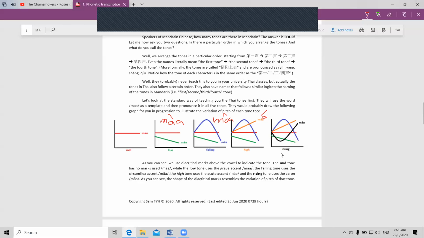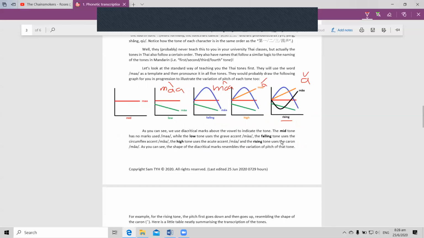Okay, the last tone, the rising tone, they will use this circumflex accent. So this tone is pronounced as ma, ma. Okay, these are the pitch, right? The pitch must go down and then go up.